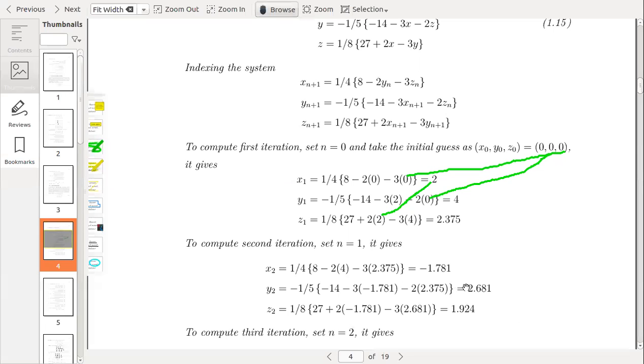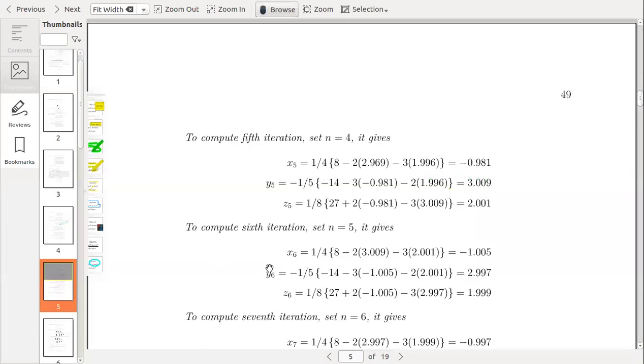So this will be computed in this way. So for y1, because x1 is computed here, you can replace it here. And for z1, x1 and y1 are computed, 2 and 4, giving 2.375.